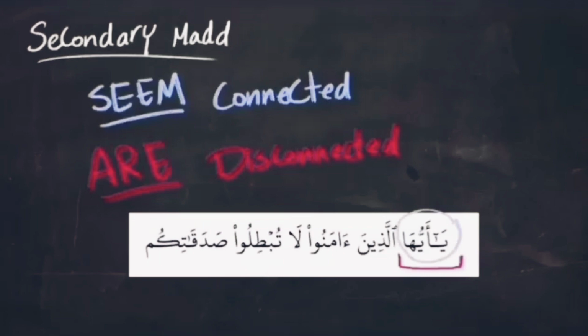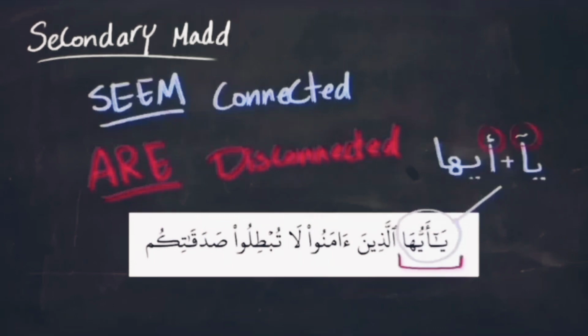In the first example, now of course it seems that the med in ya ayyuha looks like it is in the same word, but actually it is not. This is actually one word, but it is made up of 2 separate words. It is made up of ya, which is a separate word, and is followed by ayyuha, which is another separate word.